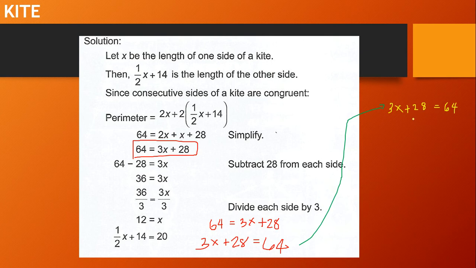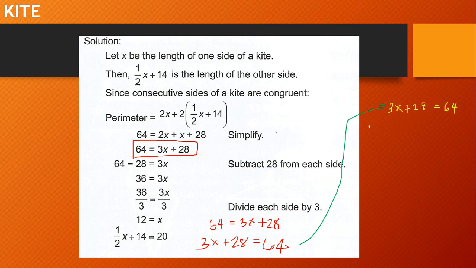So since 28 is a number na siya sa left side sa equation, all we have to do is to get rid of the 28. So how to eliminate the 28? We're going to use the addition property of equality, and we're going to use the additive inverse. So what is the additive inverse of 28? Ang iyahang opposite. So ang opposite sa 28 is negative 28.